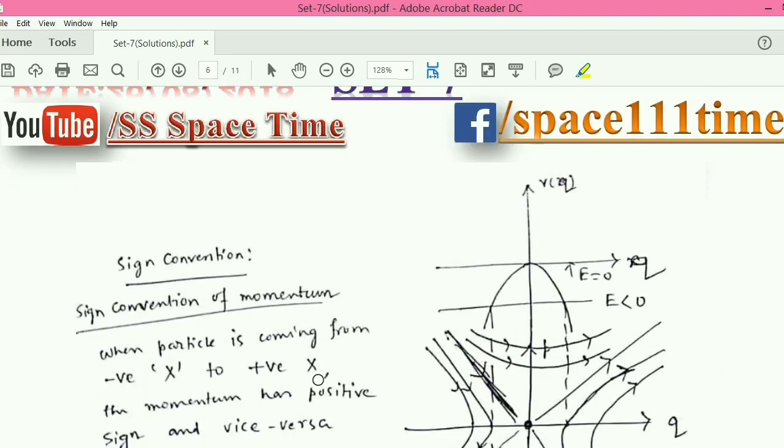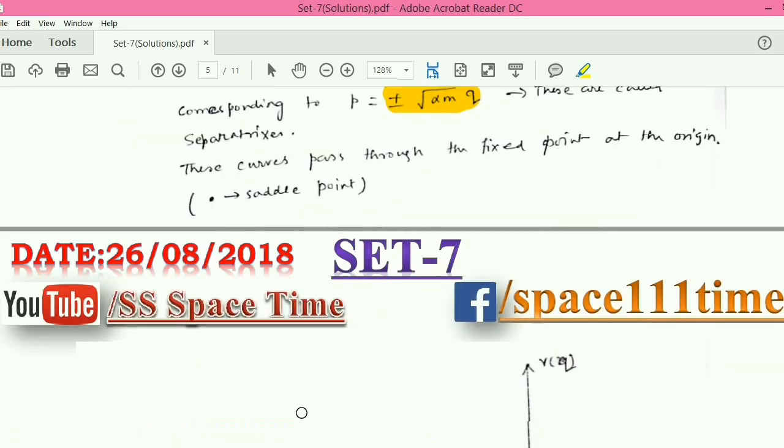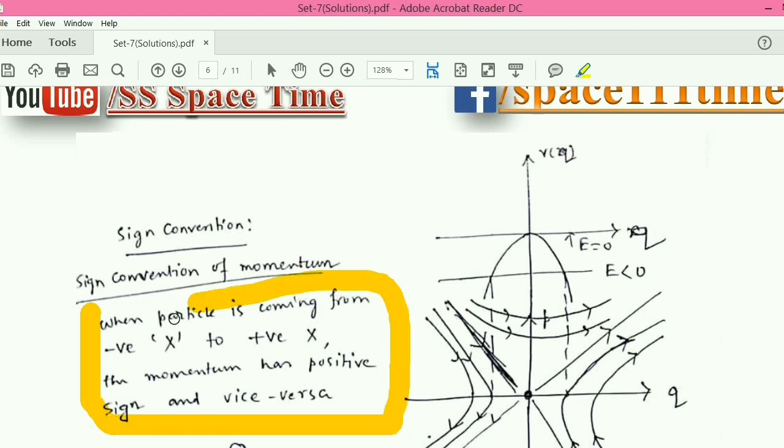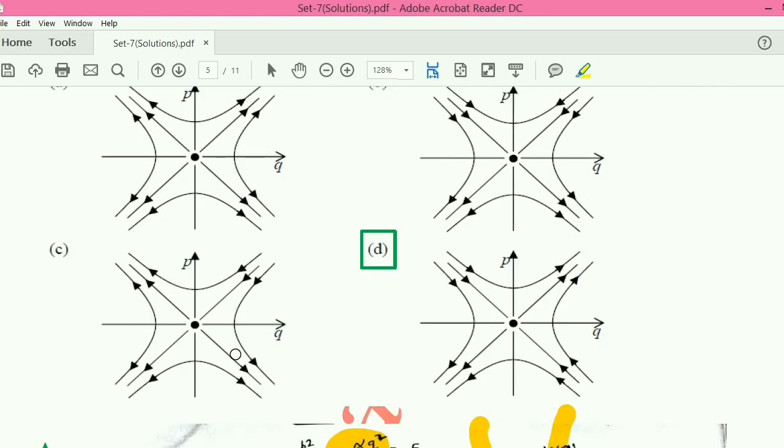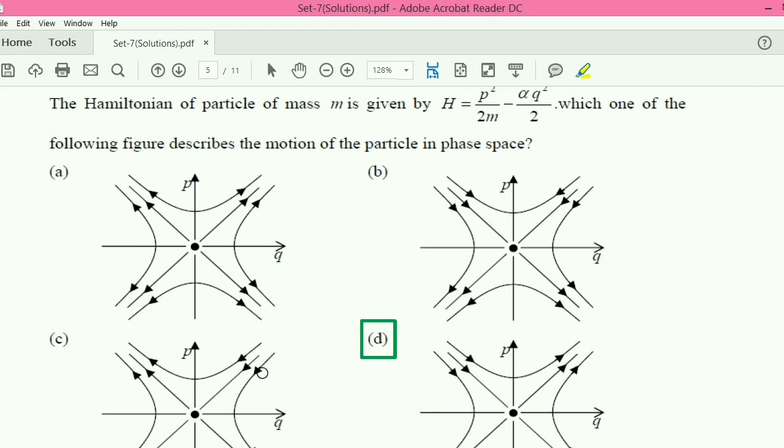Now from the sign convention we can say that when the particle is going from negative x to positive x, the momentum has a positive sign, and vice versa: when going from positive x to negative x, the momentum has a negative sign. We will apply this logic to choose the correct option. Here, for this option it is going from positive x to negative x, so the momentum should be negative but it is positive, so this option is discarded.